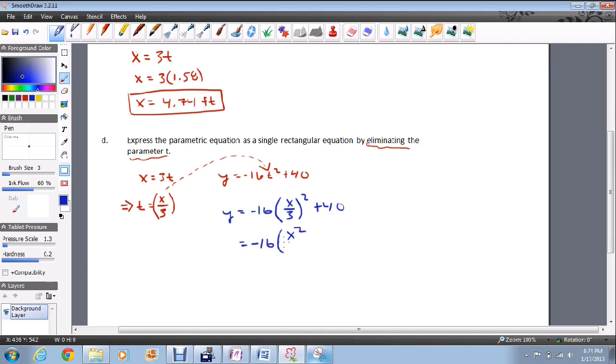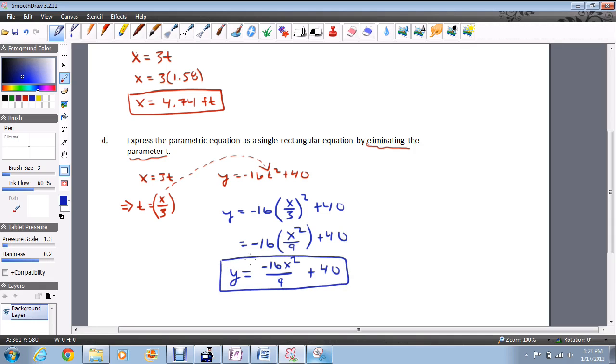So it would be x squared over 9 plus 40. Remember to always do your exponent before you multiply the 16 in. So anyways, we get negative 16x squared over 9 plus 40. So that's really as simplified as you can get it.